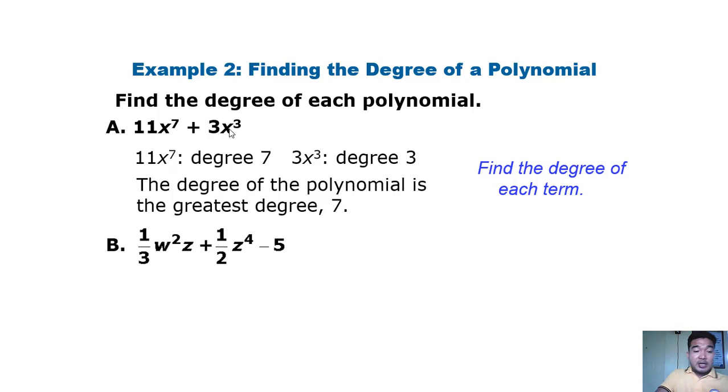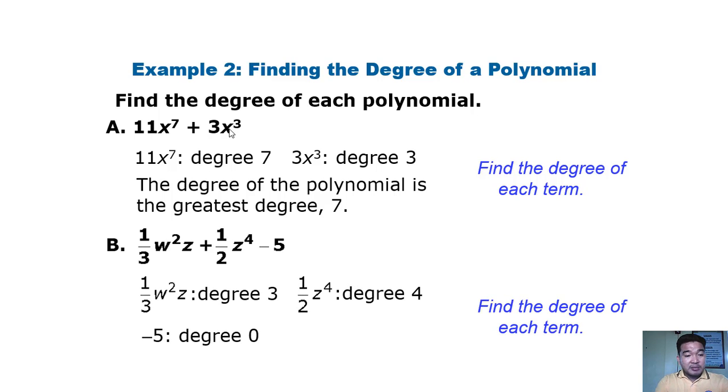For letter B, we have 1/3 w squared z plus 1/2 z to the 4th minus 5. How many terms do we have here? We have 3 terms. So, for the first term, our degree for the first term is 3 because w squared, then z raised to 1. 2 plus 1 is equal to 3.